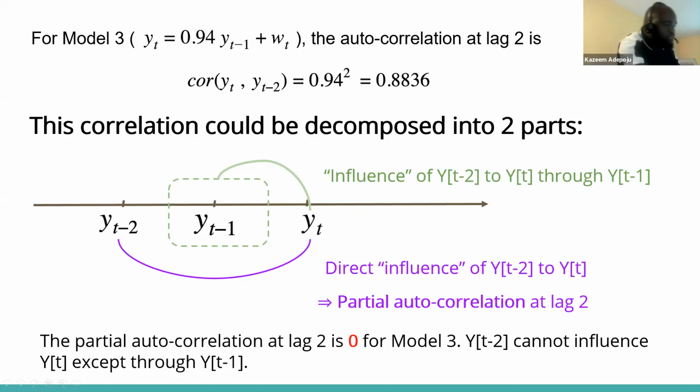That is the reason why YT minus 2, which is Monday here, cannot influence Wednesday except through Tuesday. So when we say cannot, that is the reason why the partial autocorrelation at lag 2 is equal to 0.